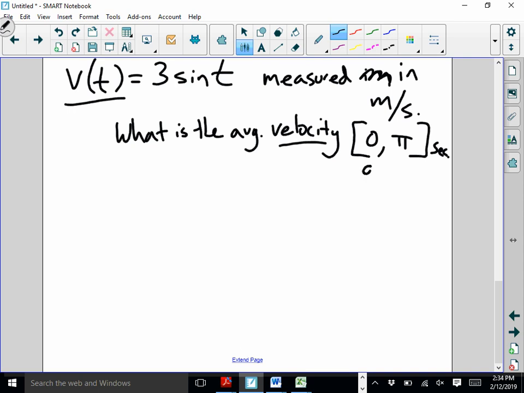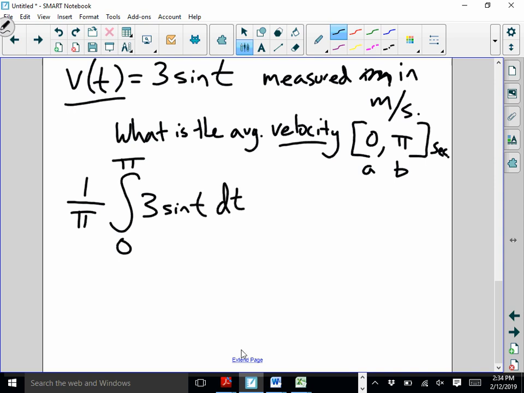I'm going to do 1 over b minus a, so 1 over pi minus 0, times the integral from 0 to pi of 3 sine t dt.